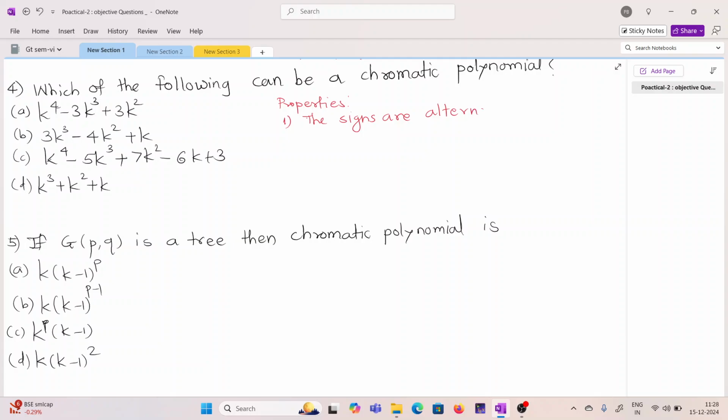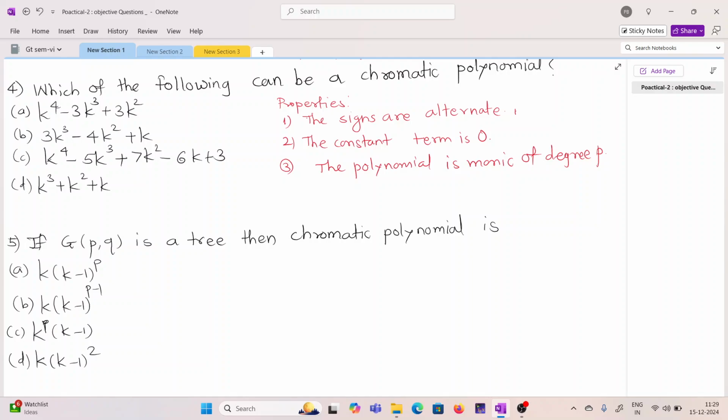When we talk about chromatic polynomial, the signs are alternate. Second is the constant term is 0. Third is the polynomial is monic of degree p, where p means number of vertices. So now check which conditions are satisfied and which are not.